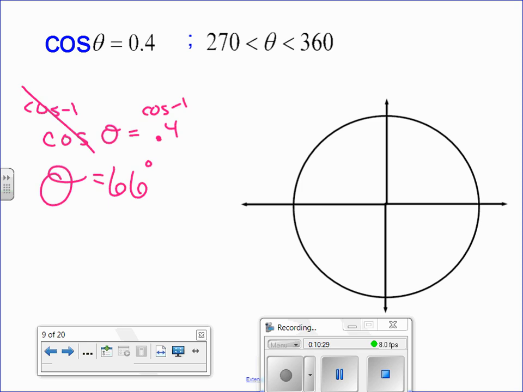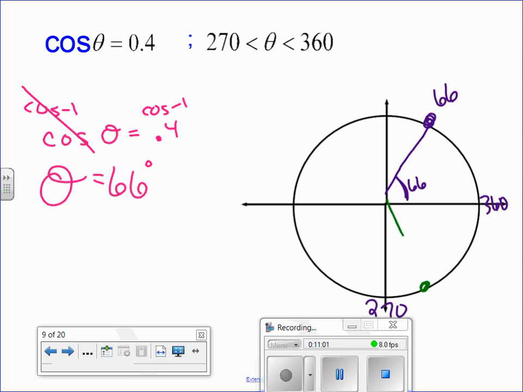Okay, we're going to do a quick sketch on where 66 degrees lives. Do you know where it lives? What quadrant? Quadrant 1. So 66 degrees would probably be about here. And its reference angle measurement would be at 66. But we want our final answer down here between 270 and 360. We're going to do a reflection and a reference angle. So let's reflect our blue dot down to quadrant 4.